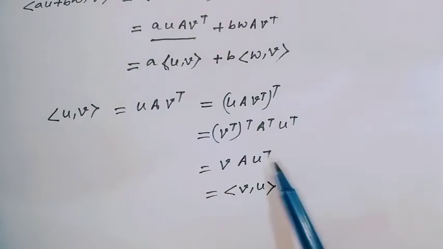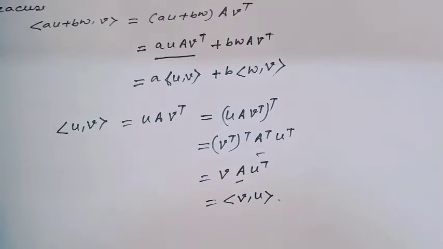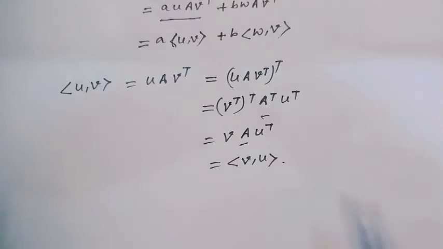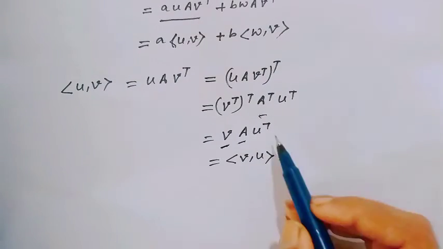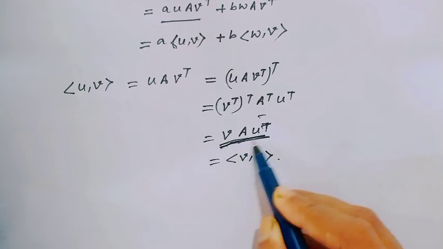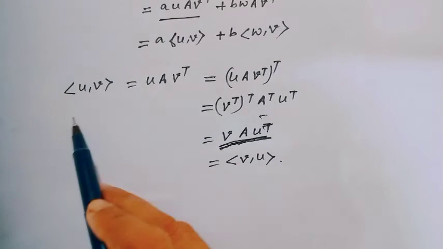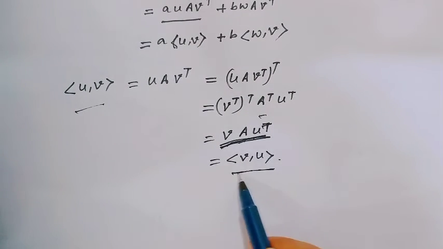Therefore A transpose equals A, and V transpose transpose is always equal to V, and this is the actual inner product of V, U. That means the symmetry property is satisfied here.